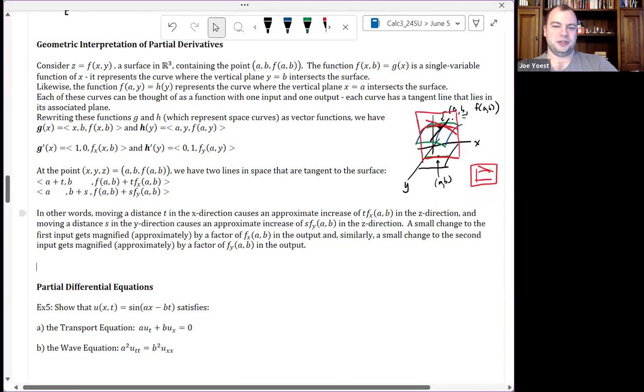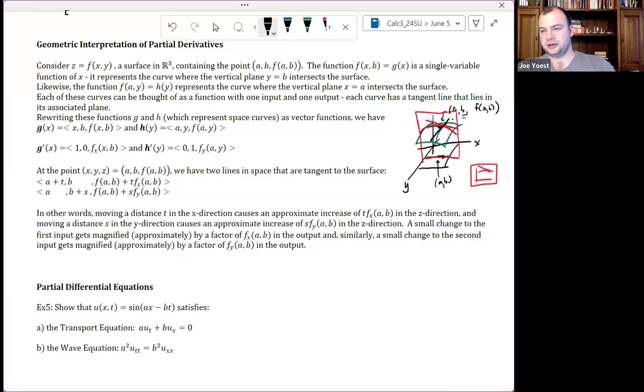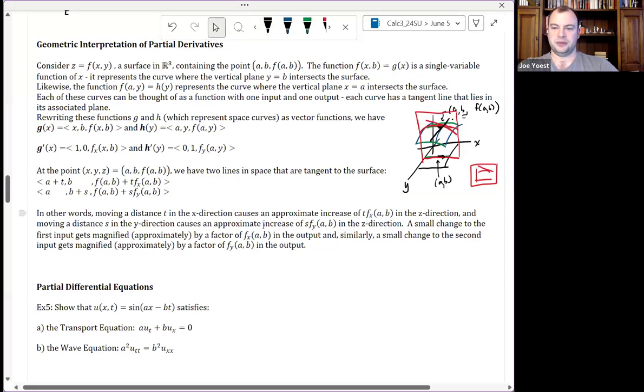So how can we envision this? Well, we can envision this as saying if we move a distance t in the x direction in the input space down here, what effect does that have on the output, on the height of the function? Well, we don't know exactly, but we can approximate it by the tangent line.